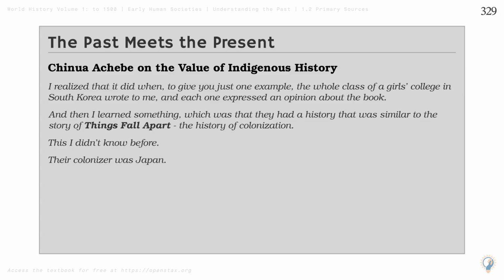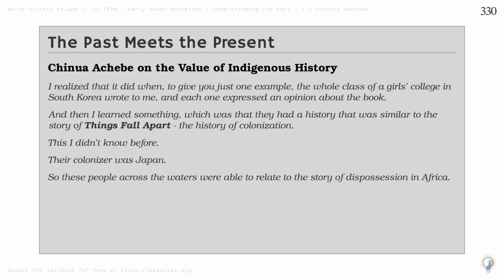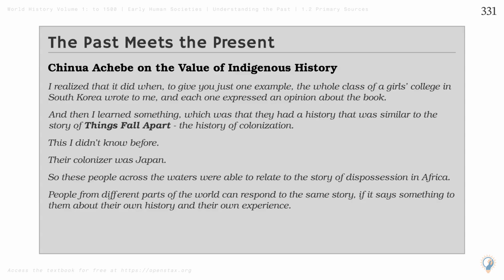Their colonizer was Japan. So these people across the waters were able to relate to the story of dispossession in Africa. People from different parts of the world can respond to the same story if it says something to them about their own history and their own experience. Chinua Achebe and Katie Bacon, An African Voice, The Atlantic.